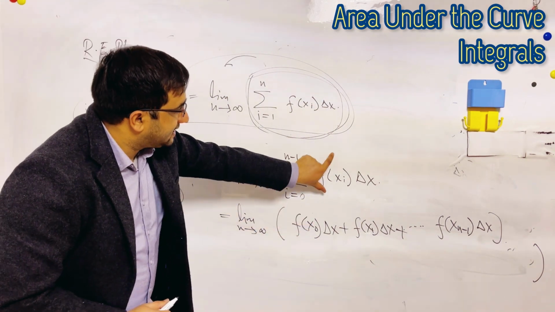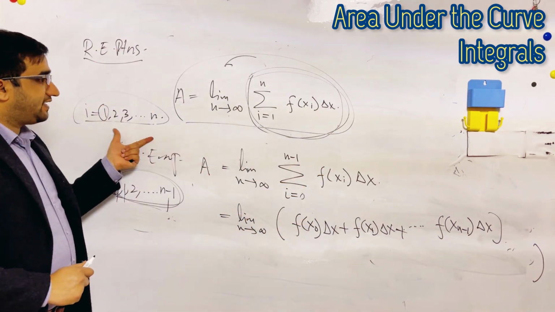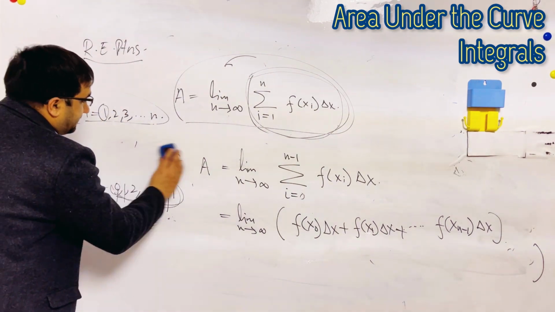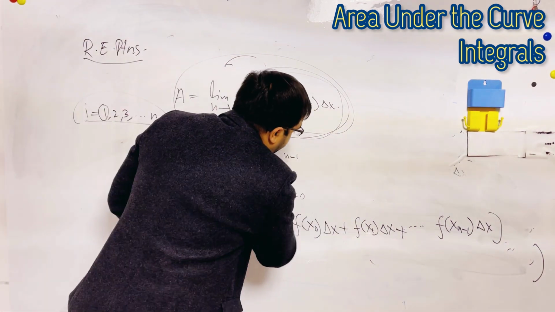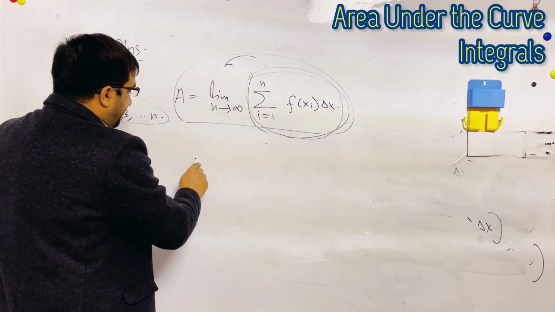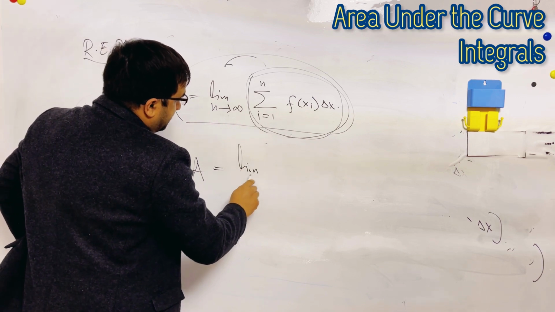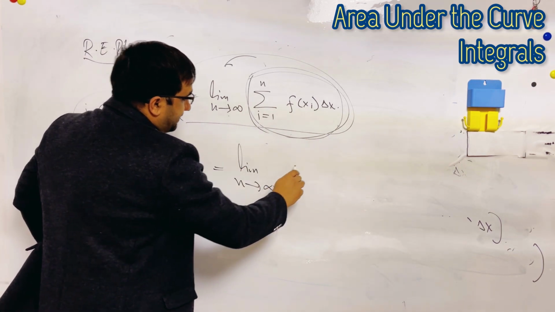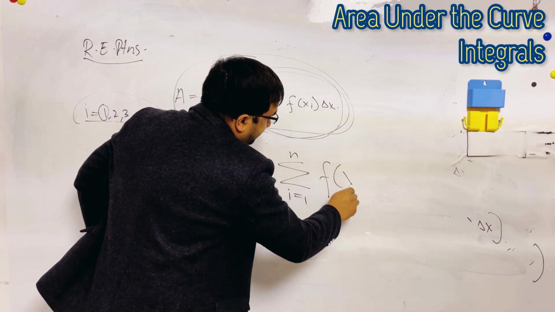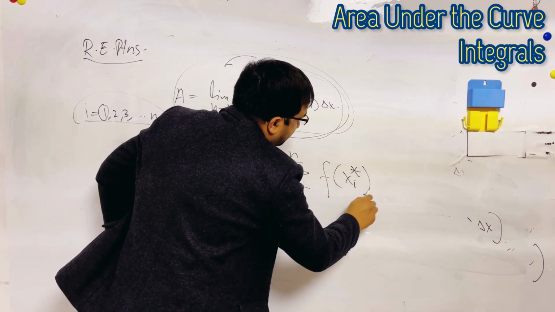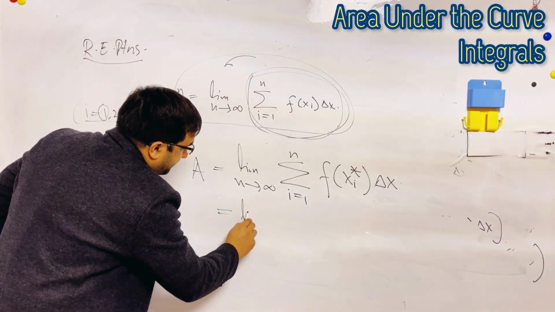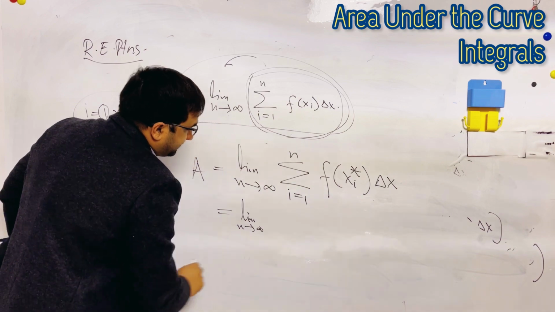So this is the compact form of the left hand rule, this is the compact form of the right hand rule, and the third one, the compact form of the midpoint rule, is area equals limit n goes to infinity summation i from 1 to n f of xi star delta x.